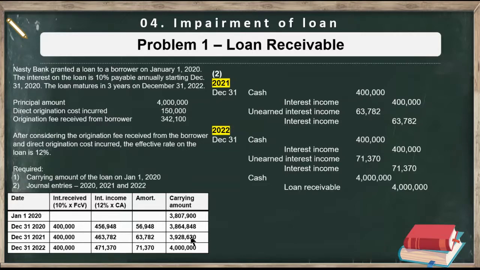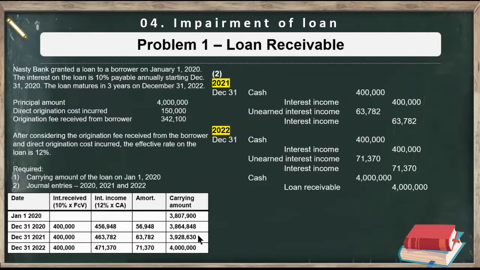Or you can also deduct the 71,370 remaining unearned interest income from the principal of 4 million, and you will still get 3,928,630.